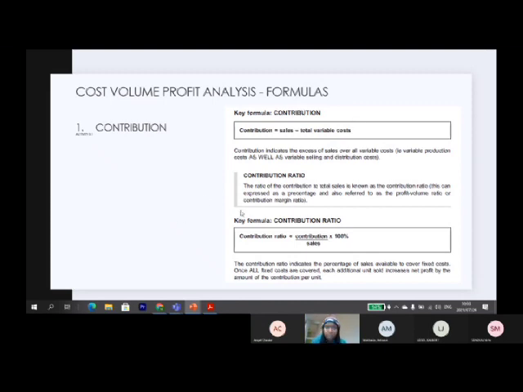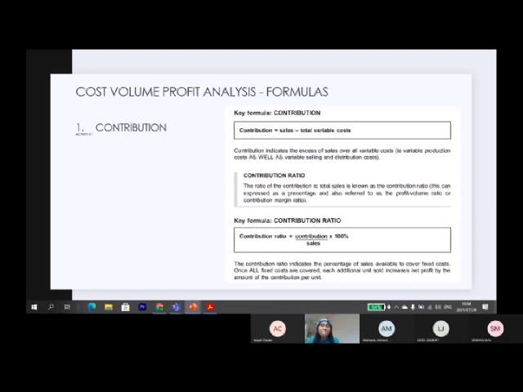And then there's the contribution ratio. The ratio is your contribution over your sales. You're trying to get a percentage of your contribution in relation to your sales. The contribution ratio indicates the percentage of sales available to cover your fixed cost, which is very key.